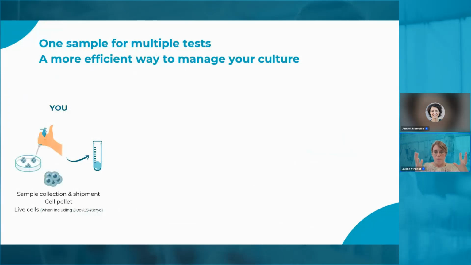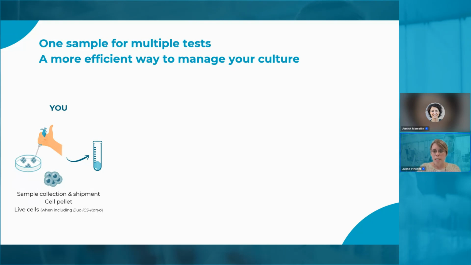And in order to make the workflow more efficient, STEM Genomics has created a synergy by offering the possibility of sending a single sample to perform all these tests. First, you must collect and ship your samples to STEM Genomics facilities in France or in the US.